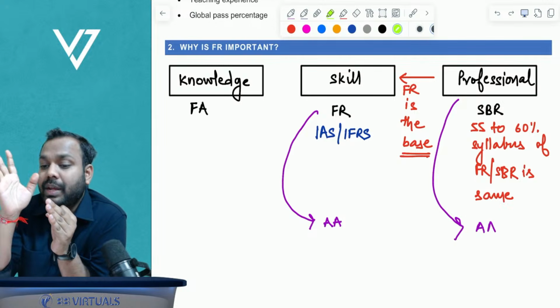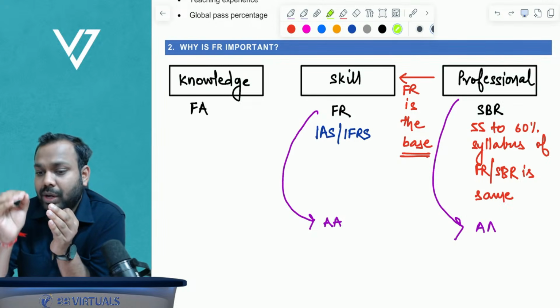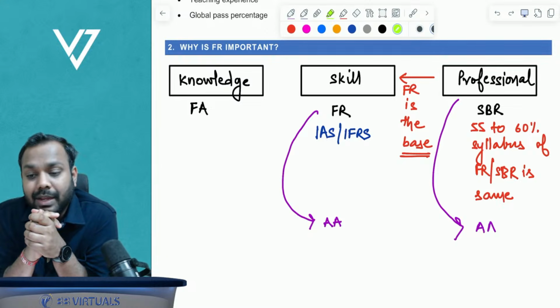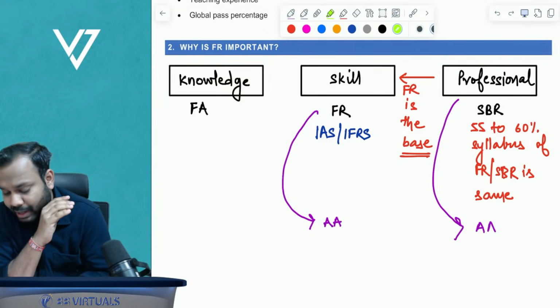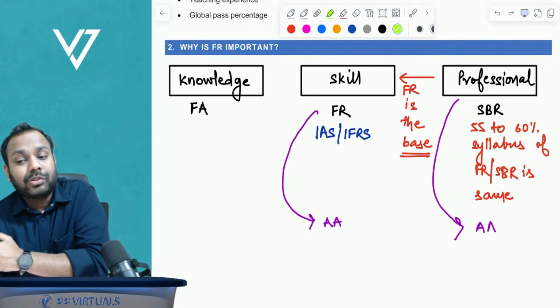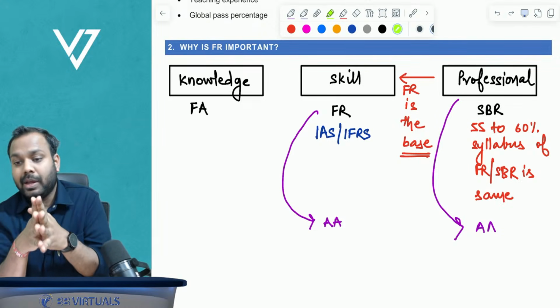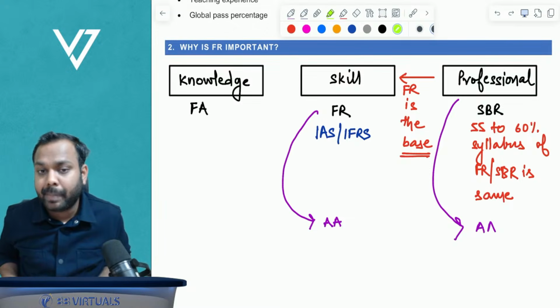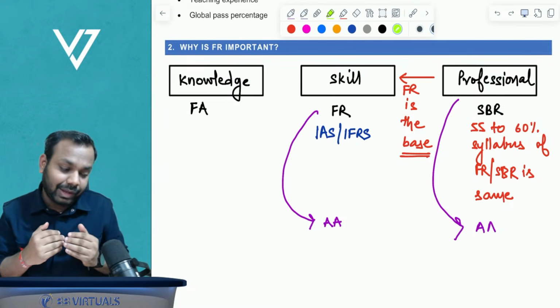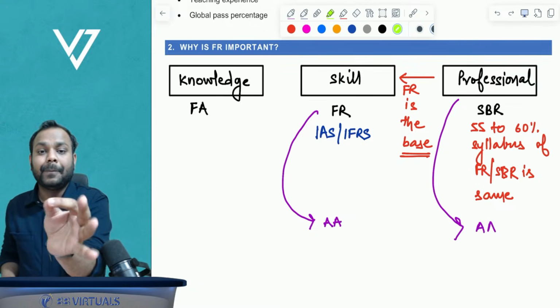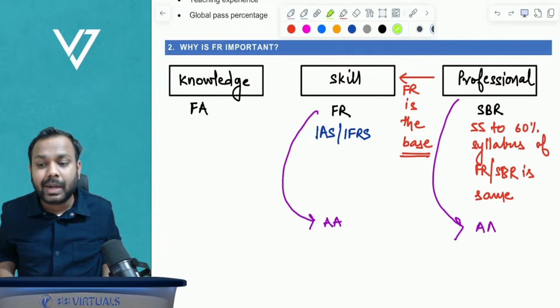I can guarantee they will ask you knowledge of IFRS and IAS. So in practical life also, FR is a very important paper, both in your student life and your official life.